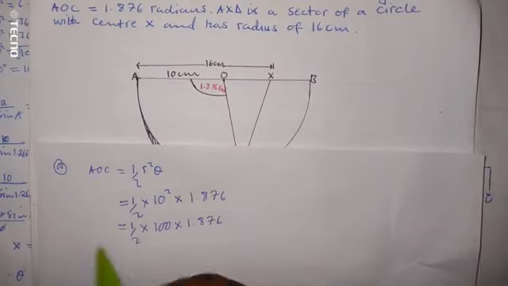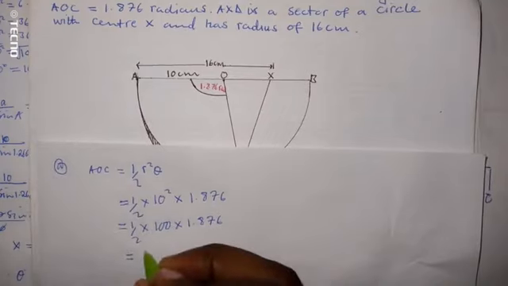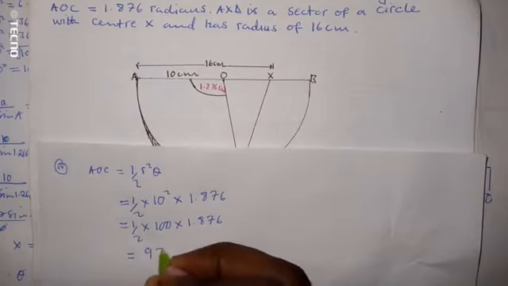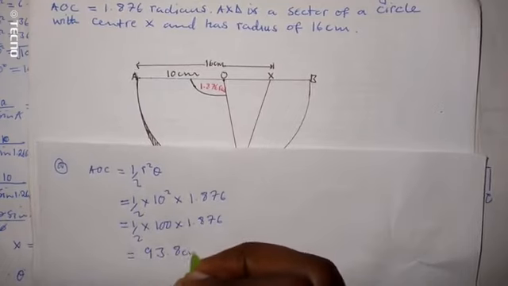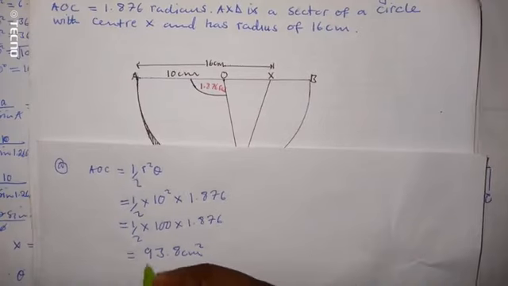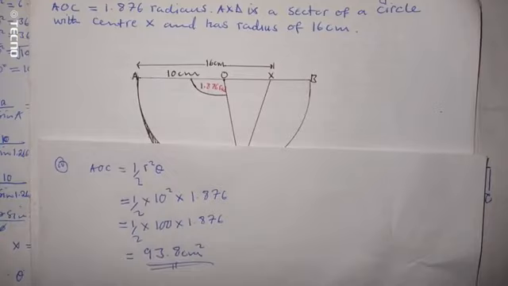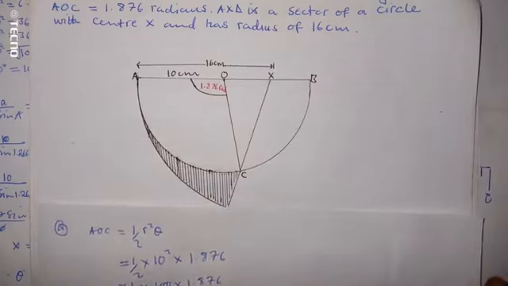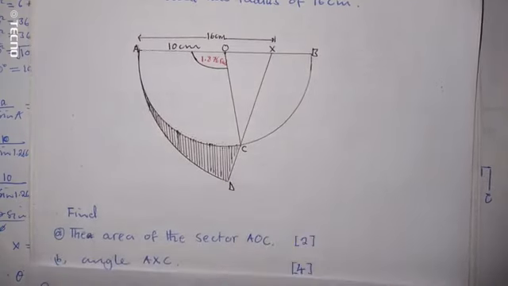So when you compute this on a calculator, what we are going to get is 93.8 centimeter squared, because this is the area. So you put squared. So that's the answer.